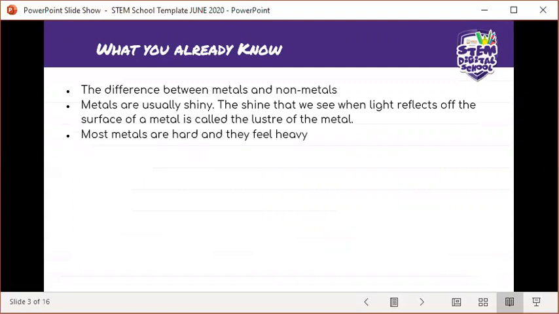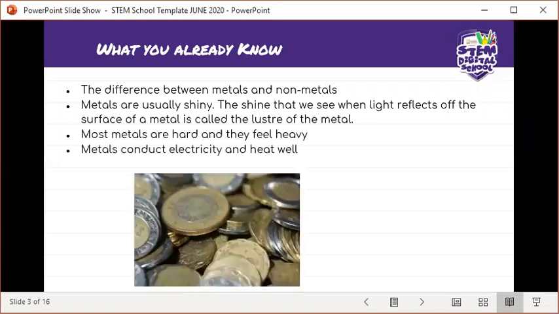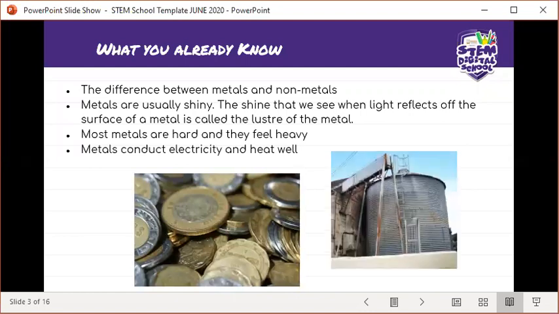And another property of a metal is that most metals are hard and they feel heavy. Next characteristic or property is that metals conduct electricity and heat well. Okay, and here we have examples of metals. These are just coin metals, and we have a tank there which is made of iron metal.